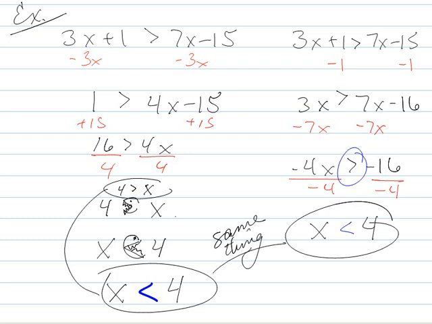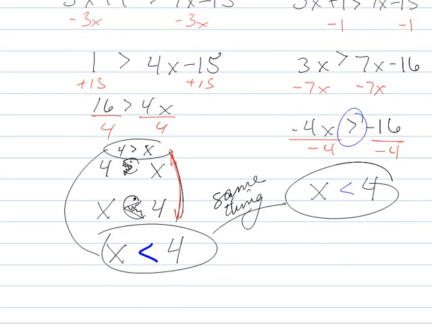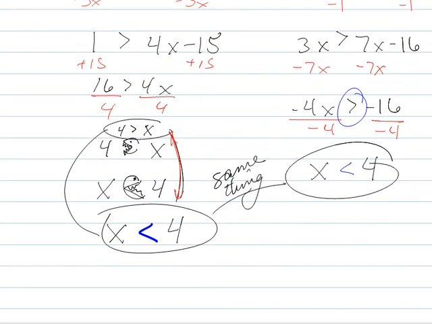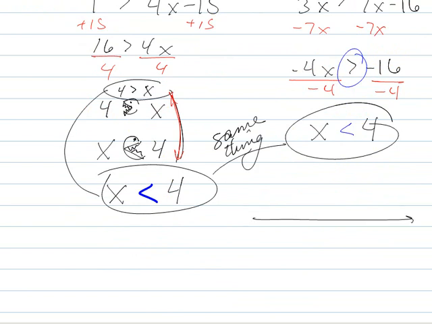If you don't feel comfortable flipping directions like this from here to here, you could always just say, I'm always going to make sure my x's are on the left so we don't have to worry about it. Just make sure that when you divide by a negative, you remember to flip the sign. And then again, if we wanted to graph it, we'd say 4, and it's less than 4.